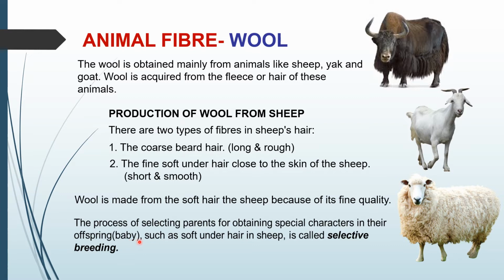So when we select good parents having special characters, the babies also have such characters, like their wool or hair being very soft. That process is called selective breeding.